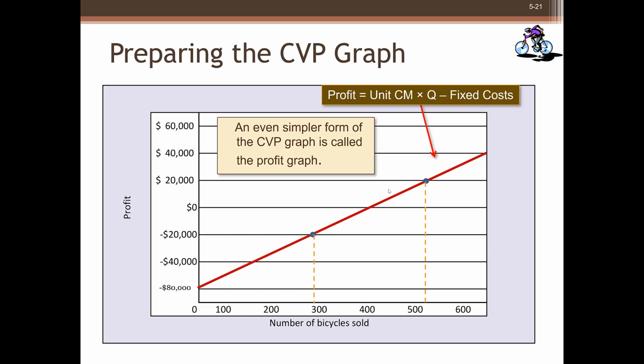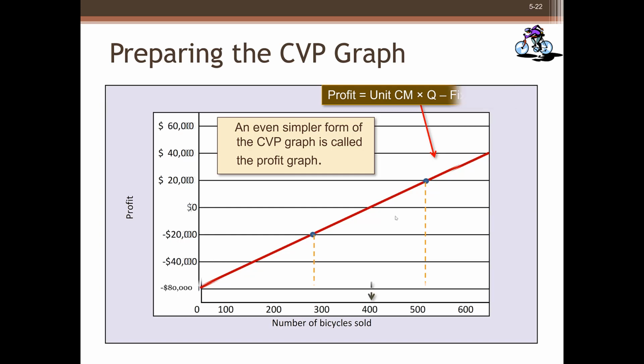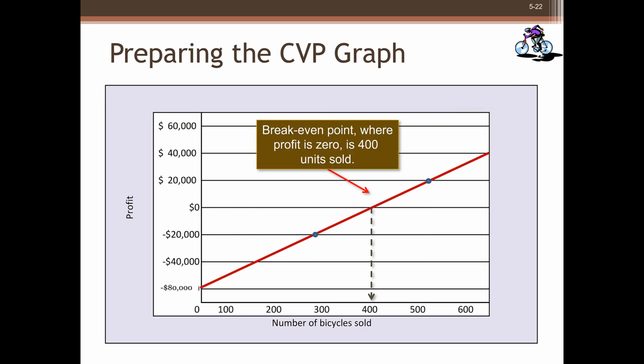We can choose two numbers, 300 units sold and 500 units sold, and draw the line. That's a profit graph. At this point, 400 units sold, this is the break-even point because profit equals 0.